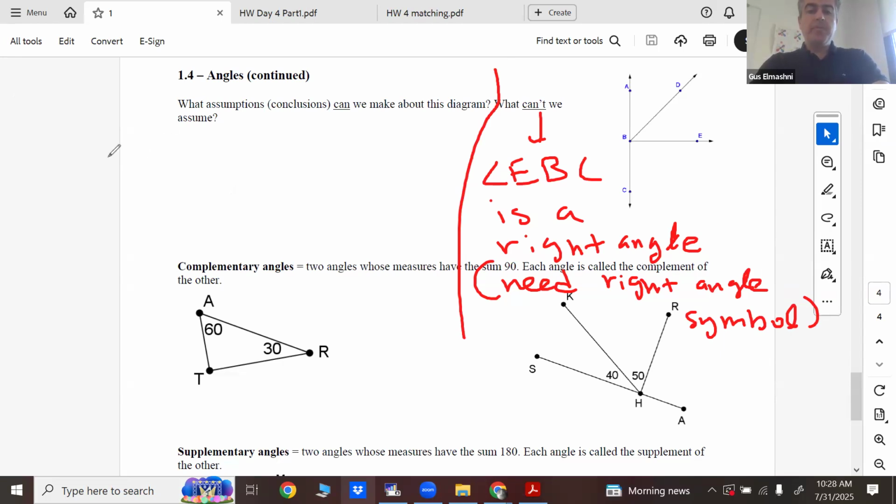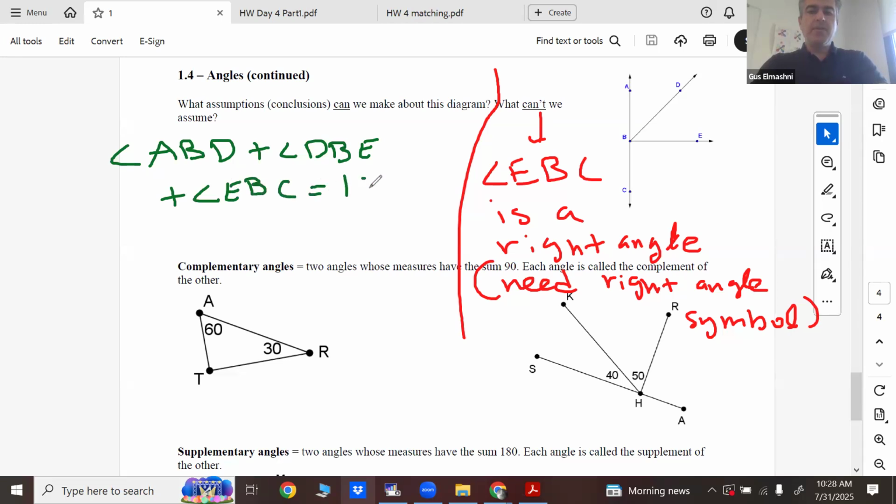We can assume that angle ABD plus angle DBE plus angle EBC equals 180 degrees.